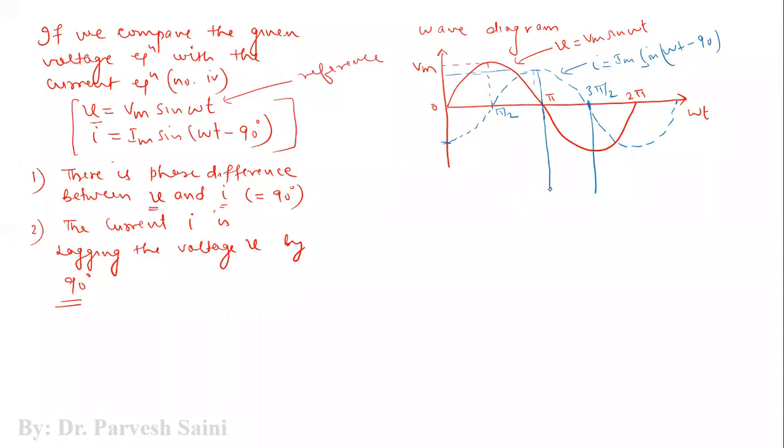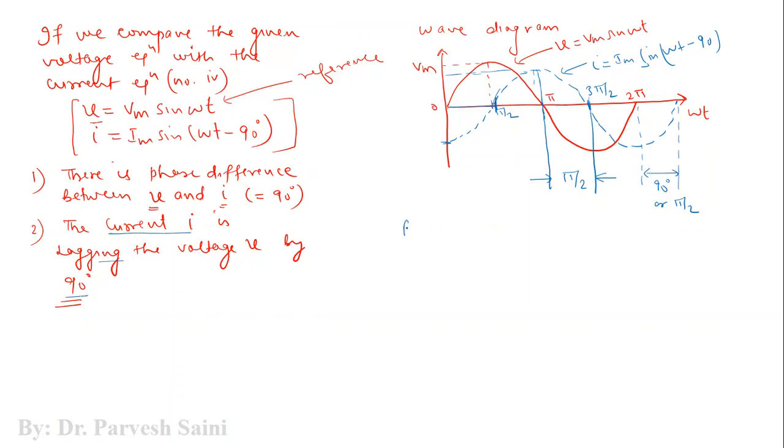In these two waveforms, there is a phase difference of 90 degrees, and that phase difference will remain constant throughout the function. So the current has started 90 degrees after the voltage has started. It has completed its half cycle 90 degrees after the voltage, and its complete cycle 90 degrees after the voltage has completed. So we can say that the current I is lagging the voltage by 90 degrees.